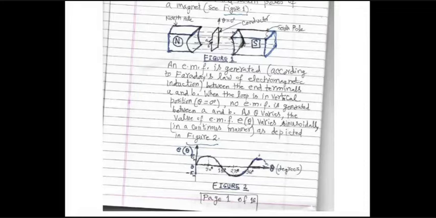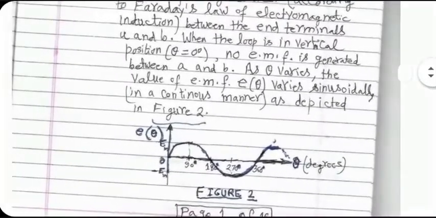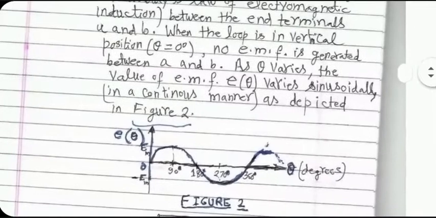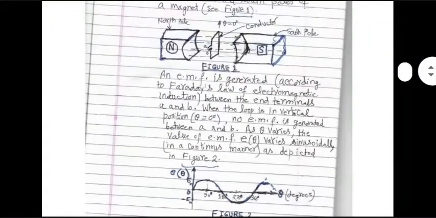We will assume that the speed of rotation is constant. Capital N is constant. So Faraday's law tells us that the waveform of the EMF generated will be what is shown in figure 2, where I have plotted the instantaneous value of the EMF denoted by small e as a function of the angle theta that the loop is making from its starting position at theta equal to 0.